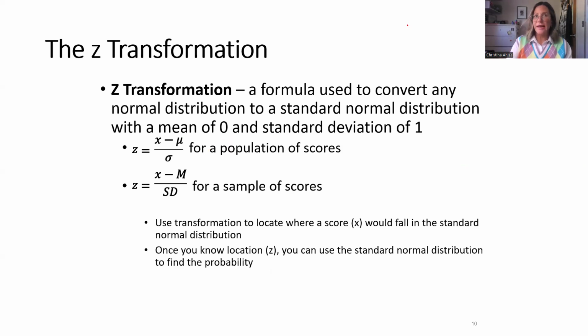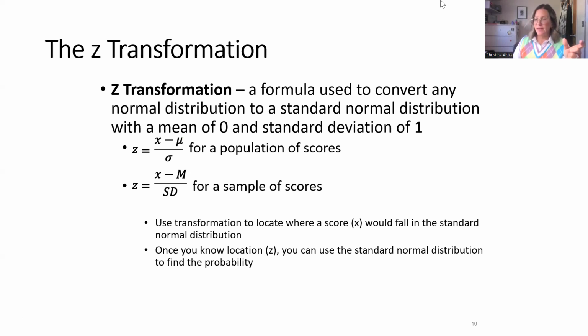To transform a raw score to a z-score, we have an actual calculation for that. So we use this z transformation equation. It's this formula where it converts any normal distribution to have a mean of 0 and a standard deviation of 1, and then it can convert basically any of the raw scores to a z-score.